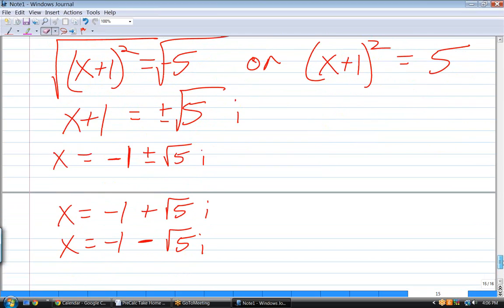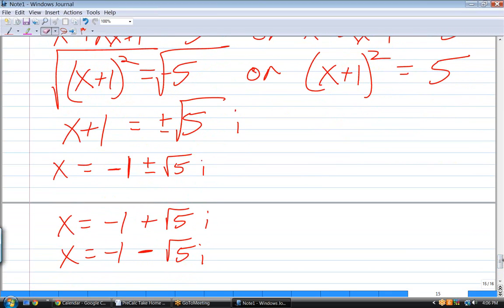Now let's solve the right side. And let's solve it the easy way, as opposed to using the quadratic formula. Take the square root of both sides. What do you get? We're going to get x plus 1 equals, well, radical 5. Always start your answer with plus or minus.